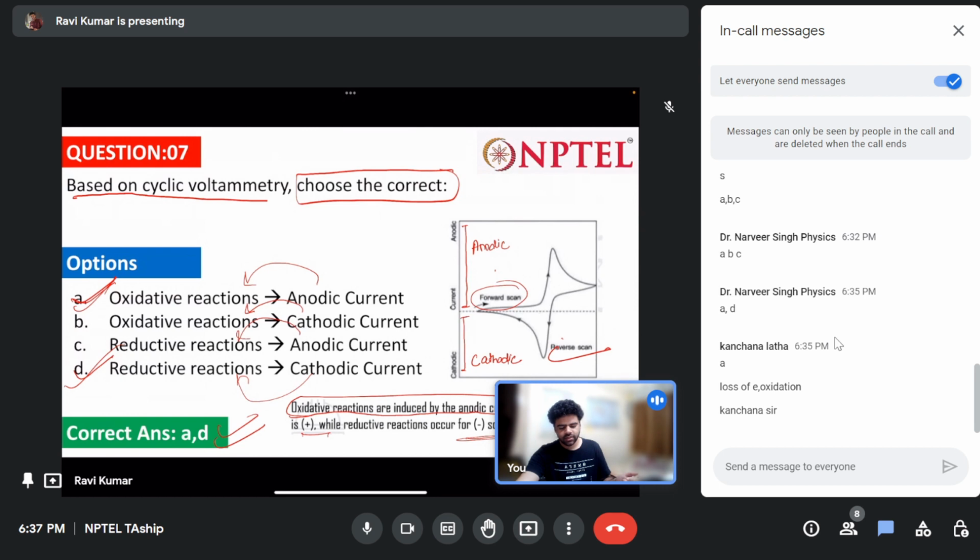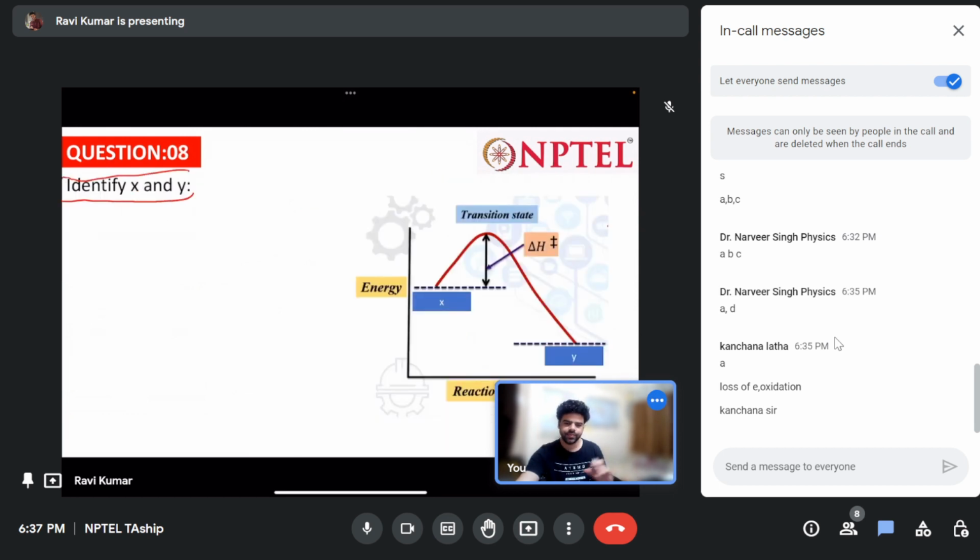Let's move to the next question, which says identify X and Y. This is the X and this is the Y. Very simple question, I think from 9th standard. Okay, these are the options.